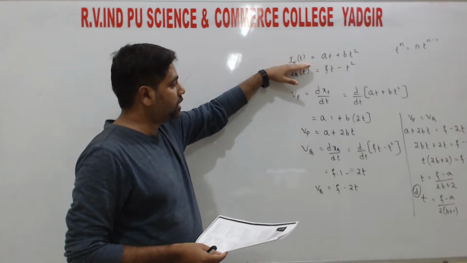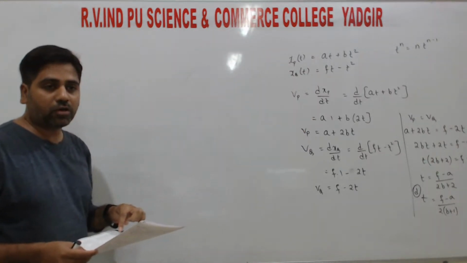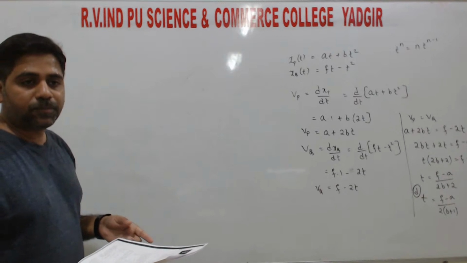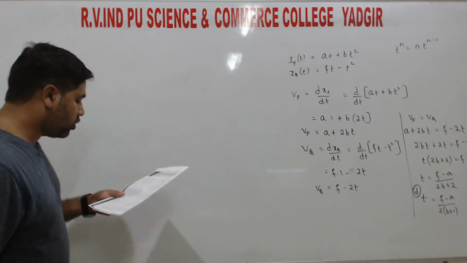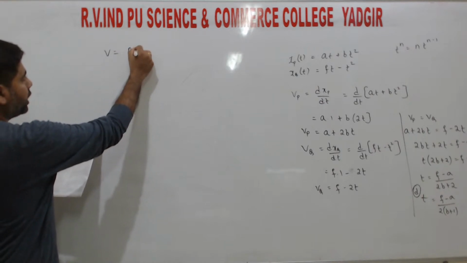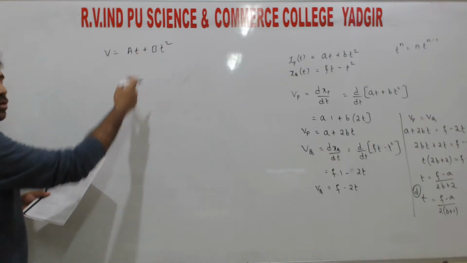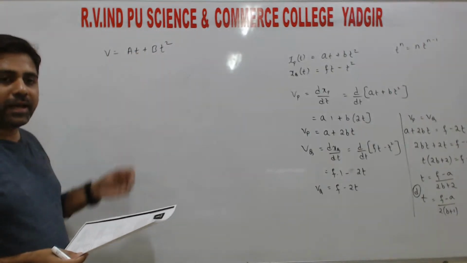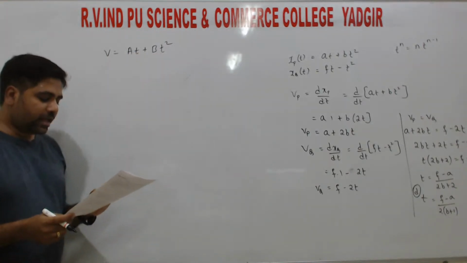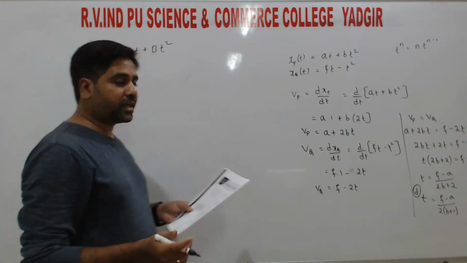That means if we differentiate the displacement, we get the velocity. In this problem, they gave the velocity and we need to find the displacement. The given velocity v is equal to at plus bt square, and a and b are constants, so they may have any values.